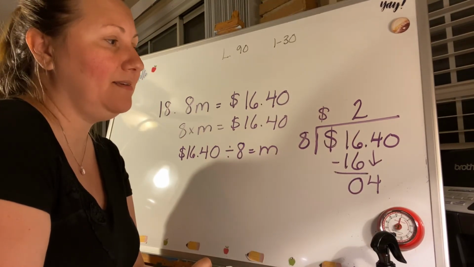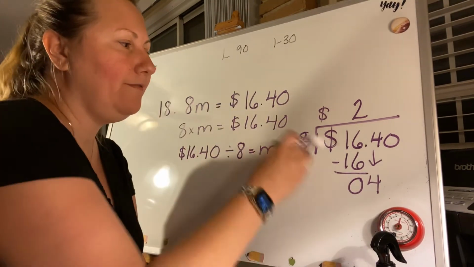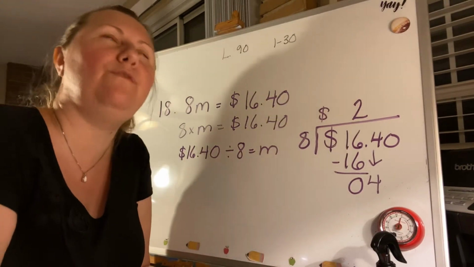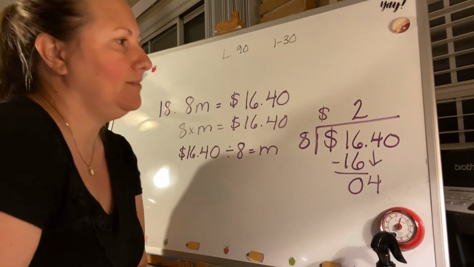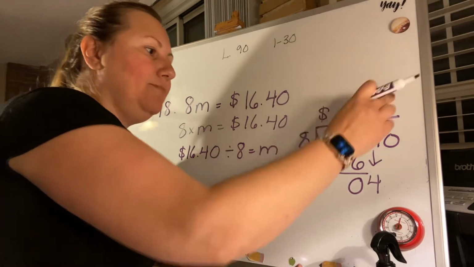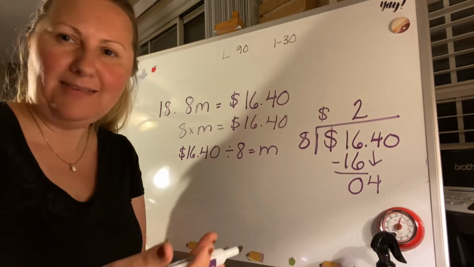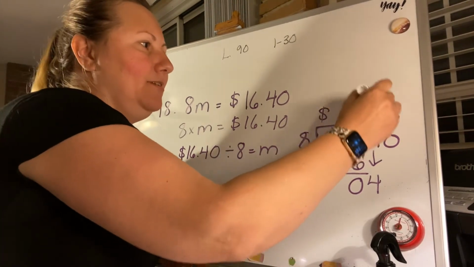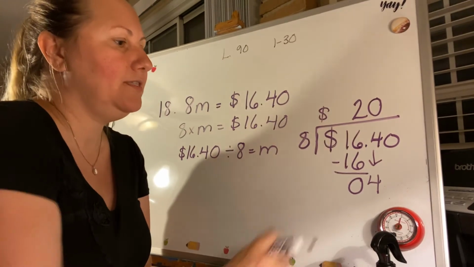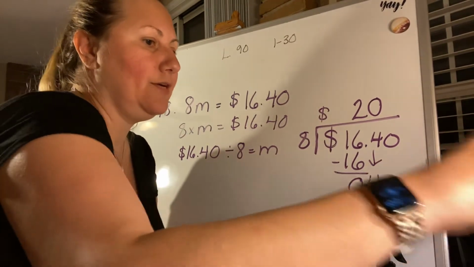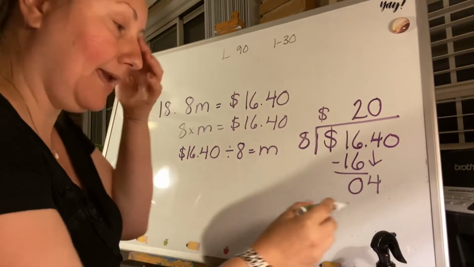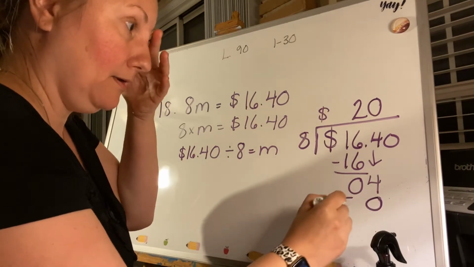And the question is 4 divided by 8. Or 8 times what makes 4? Well, 8 times nothing makes nothing. There is no number. So we'll just say, okay, we're going to have to use a 0. 0 times 8 is 0.